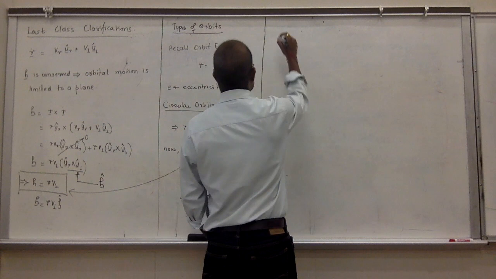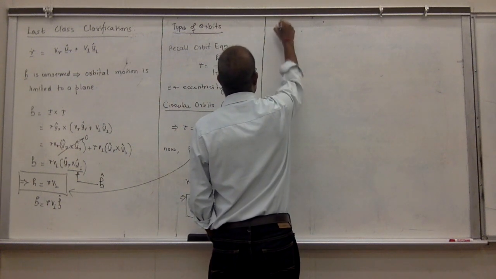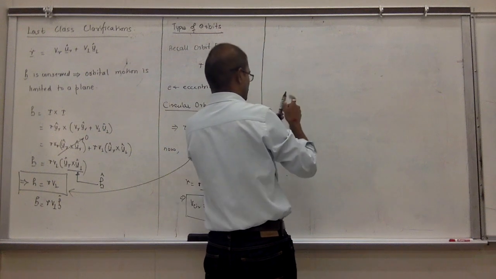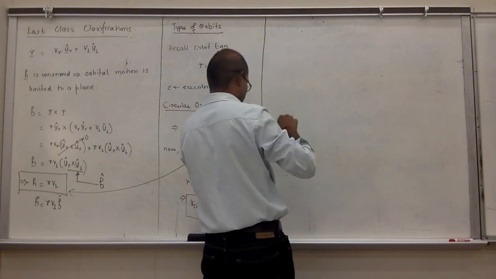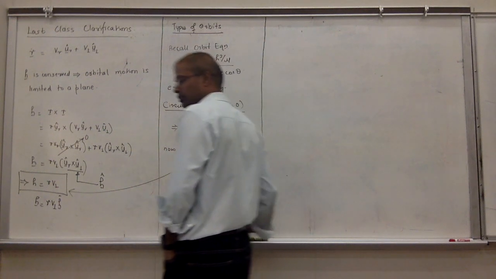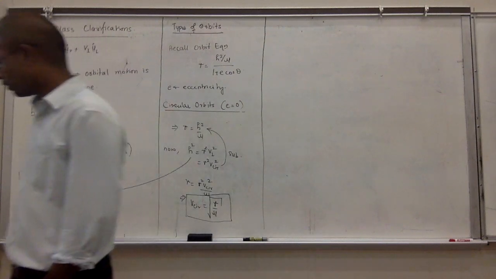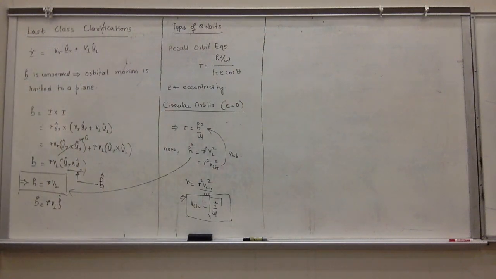So what is the time for circular orbits? What is the time required? How do you calculate the time required?